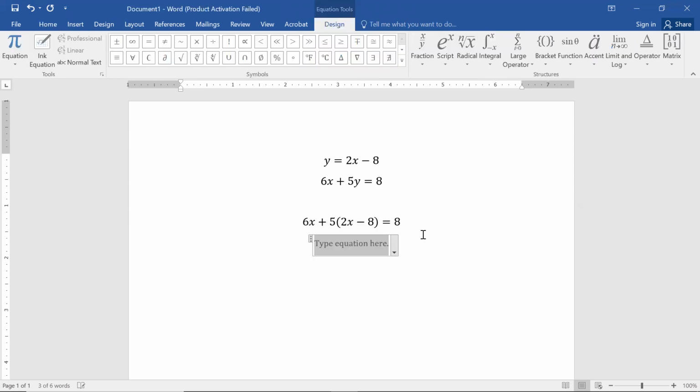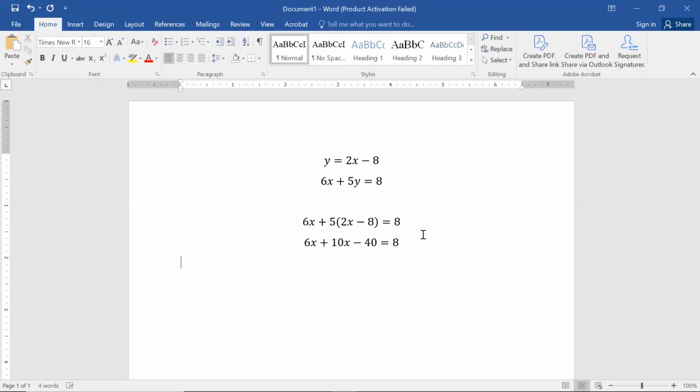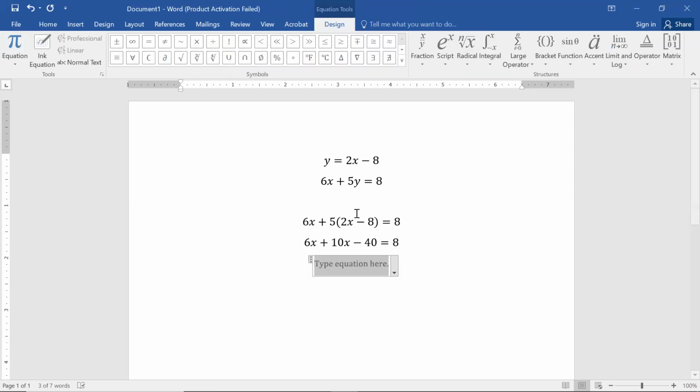Now, this equation only has one variable, and that variable is x. Therefore, I can solve that equation using the normal process. When I distribute the 5 and multiply that times 2x minus 8, I end up with 6x plus 10x minus 40 is equal to 8. I'm going to do two things at once. I'm going to combine the 6x and the 10x together. So those are like terms.